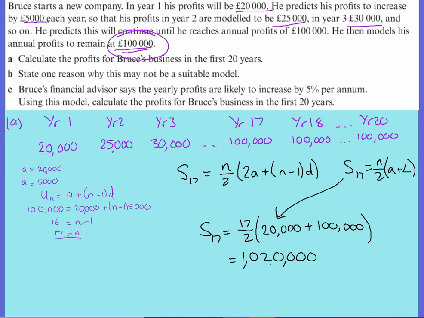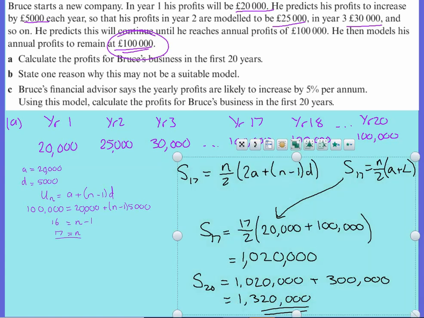But we're not after the sum of the first 17 years, we're after the sum of 20 years, so that's plus our 300,000 for the years 18, 19 and 20, so that's 1,320,000. Not bad. Okay, so let's again make this all a bit smaller as well.